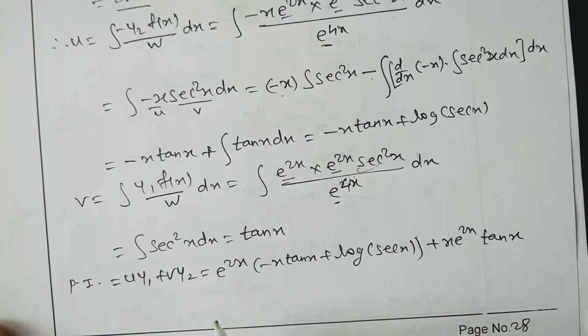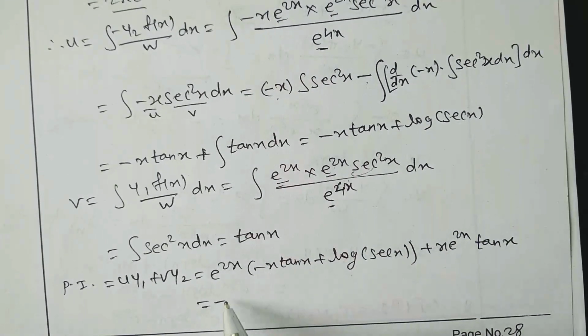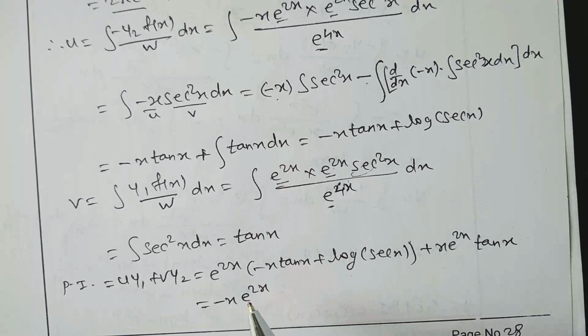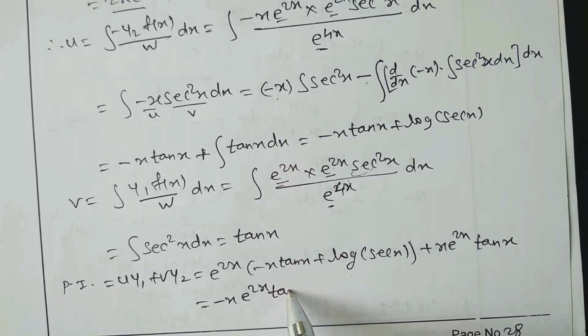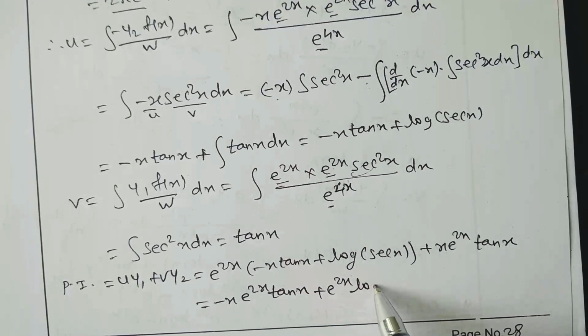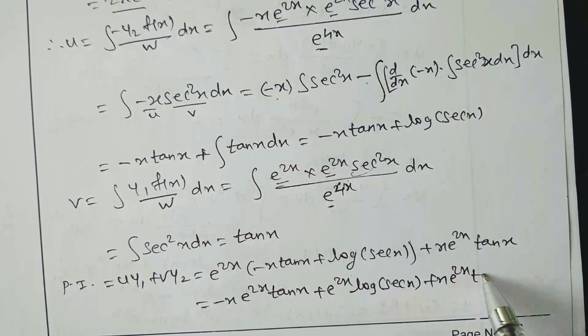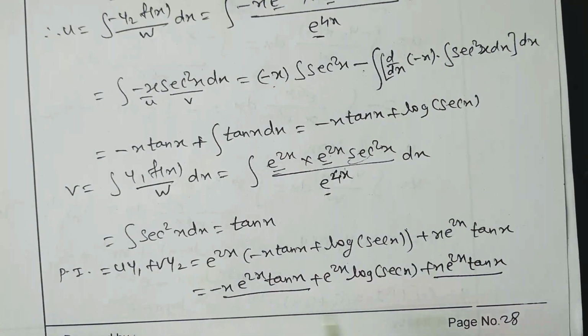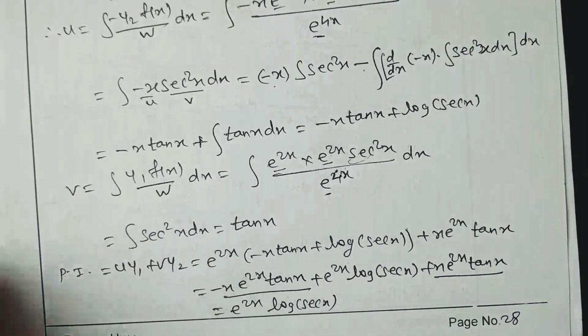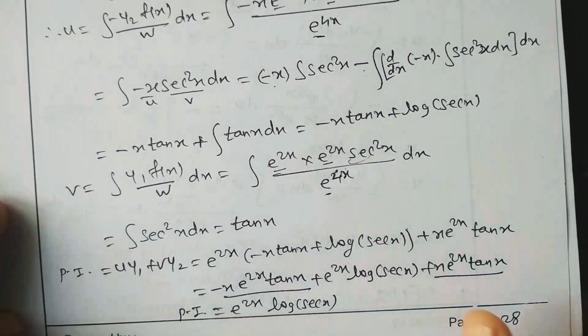So simplifying this, we will get minus x e raised to 2x into tan x plus e raised to 2x log of sec x plus x into e raised to 2x tan x. So the first term and the last term, plus minus, get cancelled. We will get e raised to 2x into log of sec x. This is a particular integral, PI.